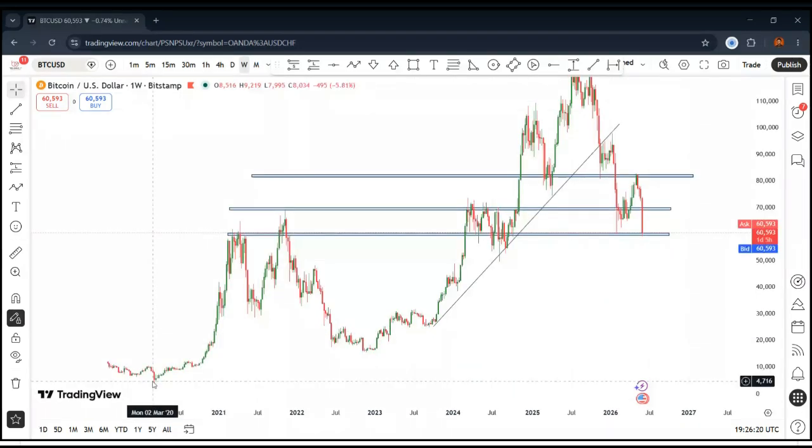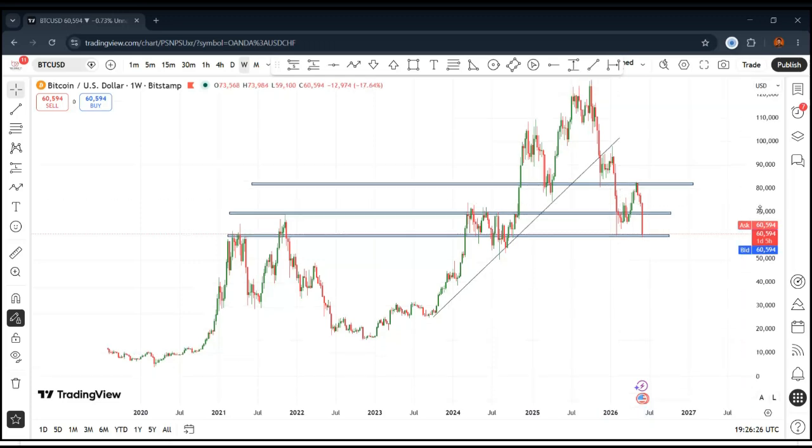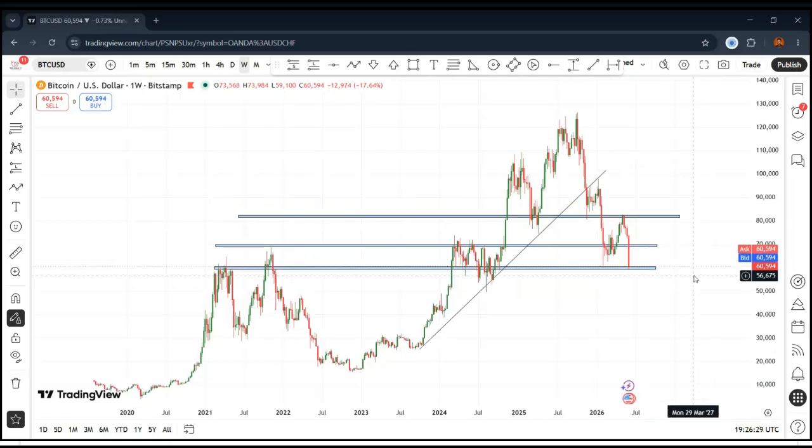That's 6 years. With that picture of 6 years, we can now tell what the market is going to do tomorrow, next tomorrow, and beyond. So we go back to our daily time frame.